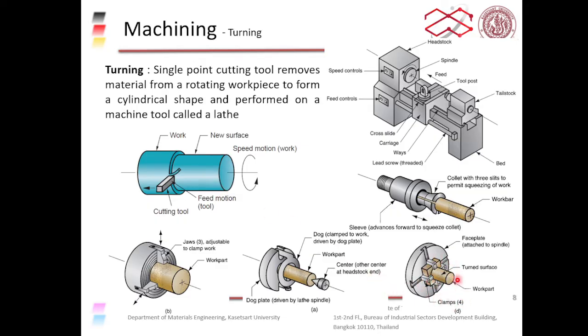But in this case, when you have four independent jaws and can move each jaw differently, you can load the workpart off center. When you load the workpart off center, you will cut one side more than the other.